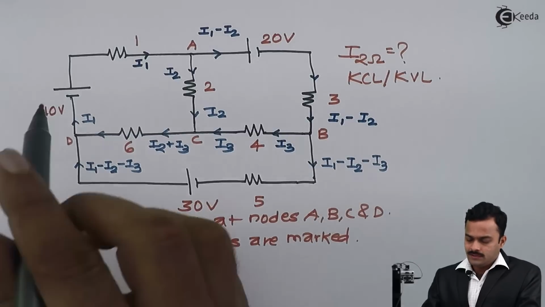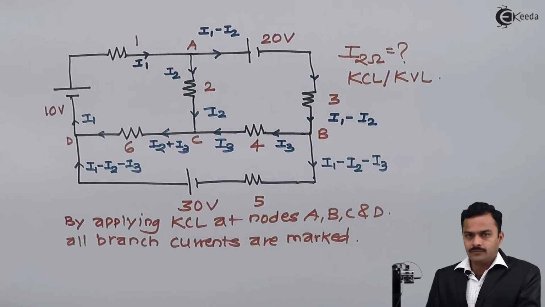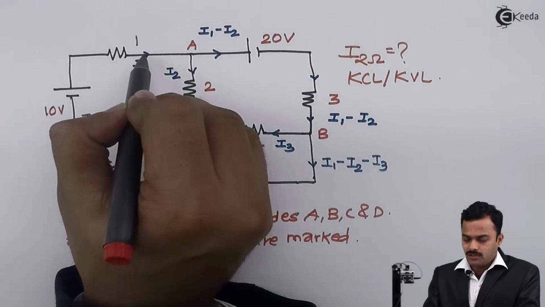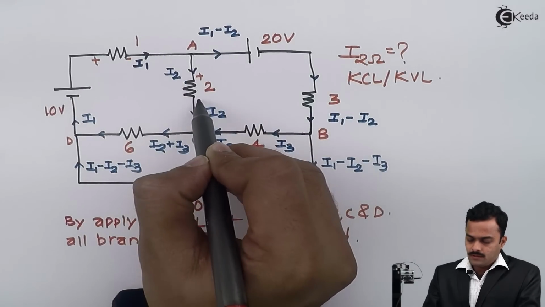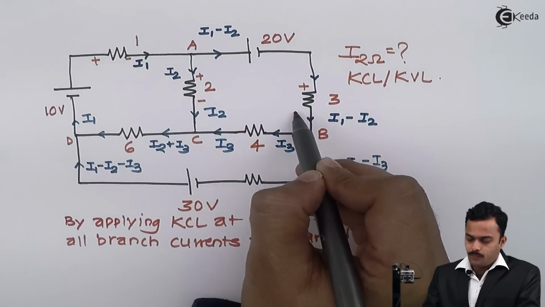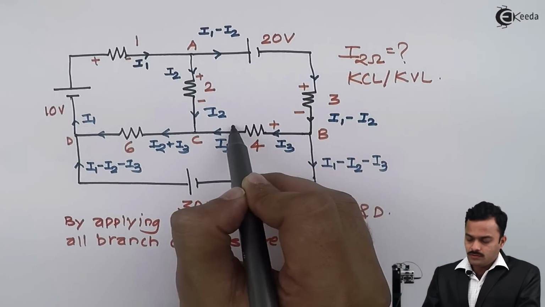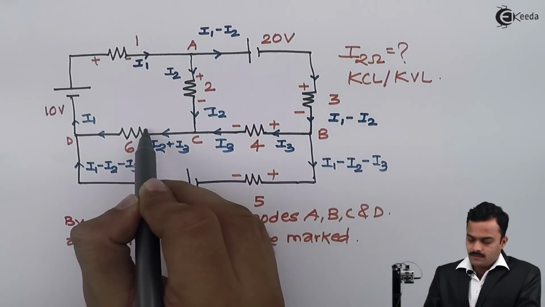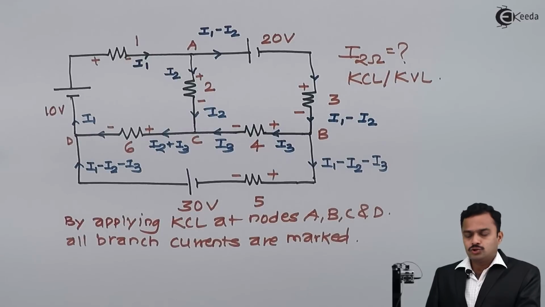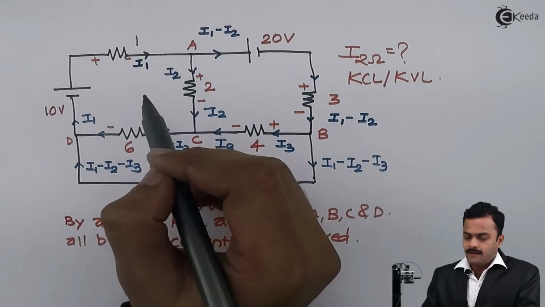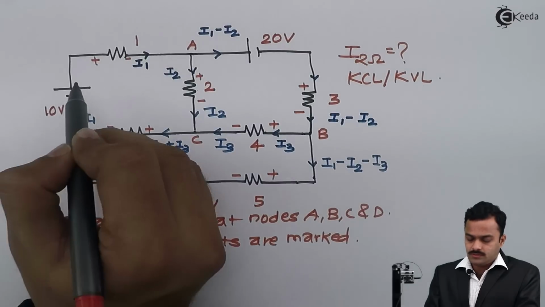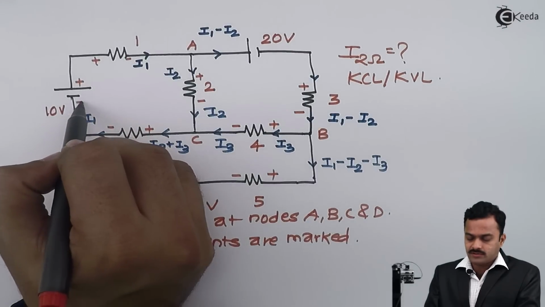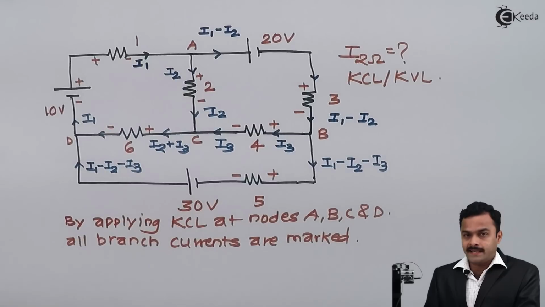Based on this direction of currents, I will have the voltage drop across resistances. So in the direction of current, I will have voltage drops of the polarities which I have shown like this. So my circuit is ready. Remember, these three are the voltage sources, so it will not have the direction or say the polarity based on direction of current.